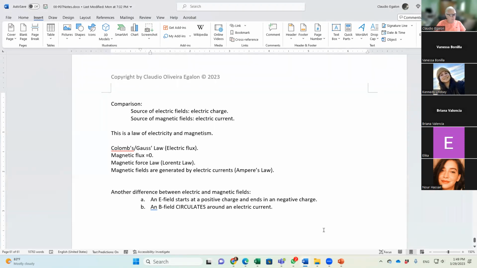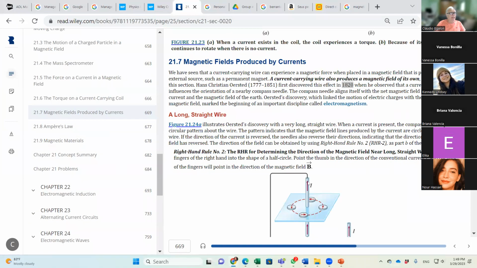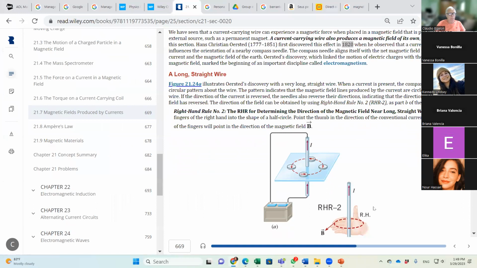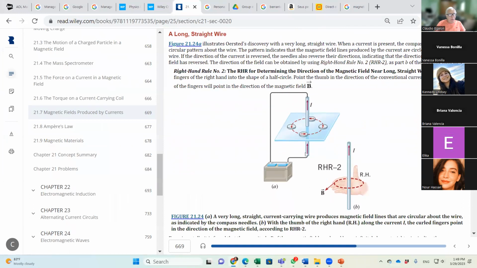But for now, and now that I told you the B field circulates around an electric current, let's take a look at some types of electric current distributions. If you have a current carrying wire, a very long current carrying wire like this one, and by the way, people say that was the experiment that Oersted did.